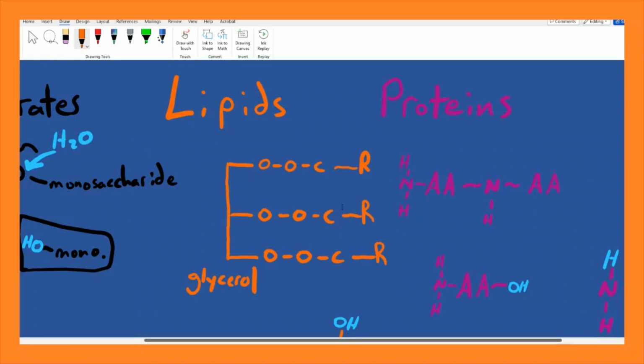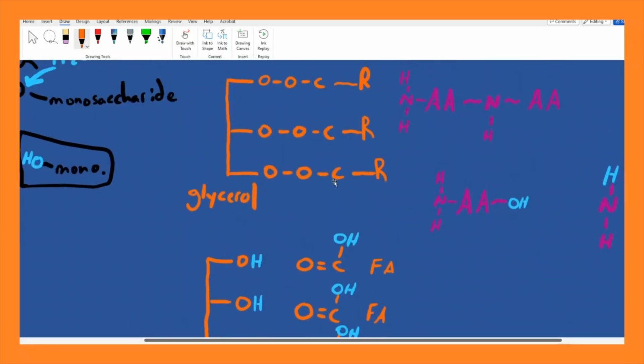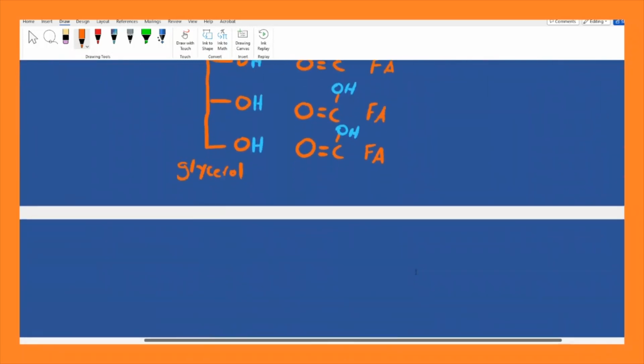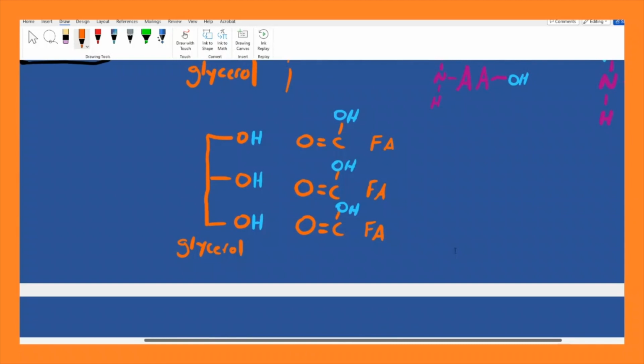And what we do is come into this thing and break them apart right here by adding waters. See how one side gets an H, the other gets an OH. And I get a glycerol and 1, 2, 3 free fatty acids.